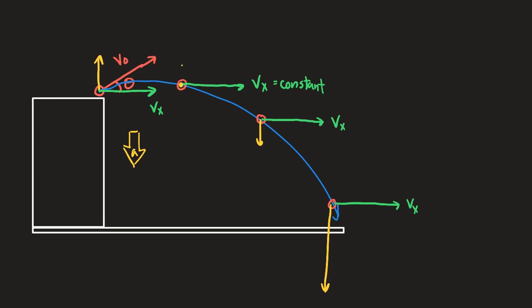The y velocity is constantly changing. It'll be launched with an initial y velocity, but the moment it gets into the air, gravity will take hold of it and change that y velocity.